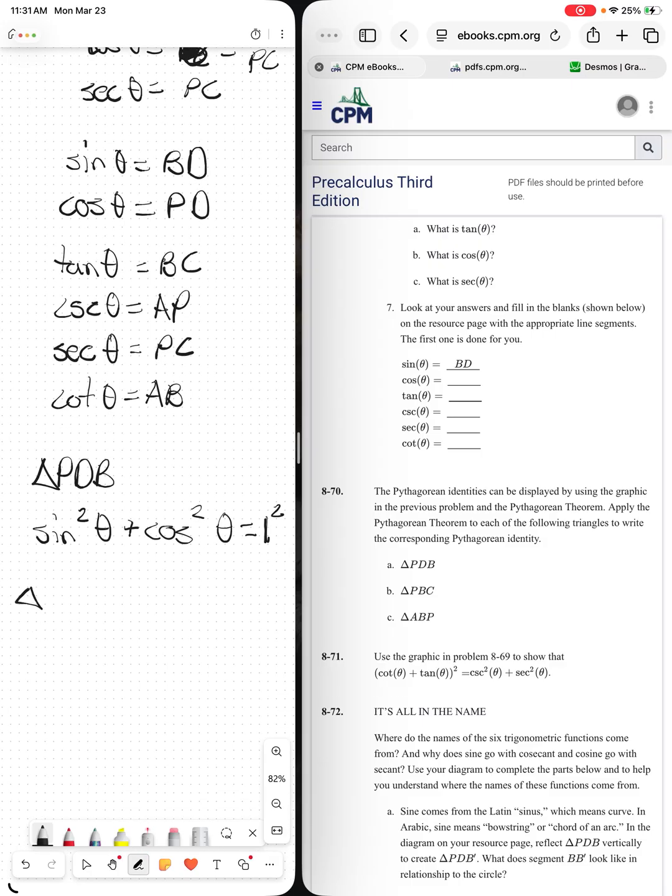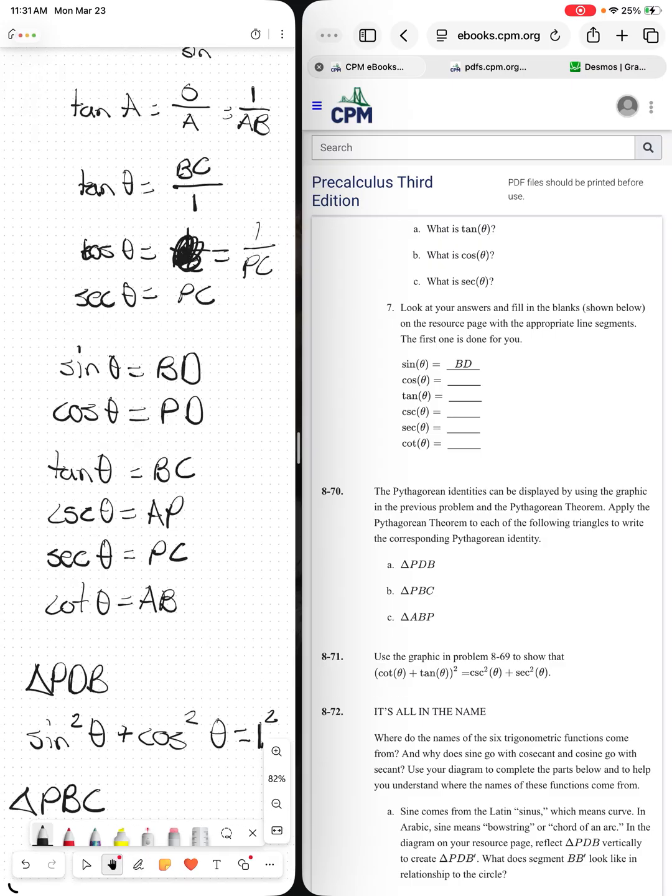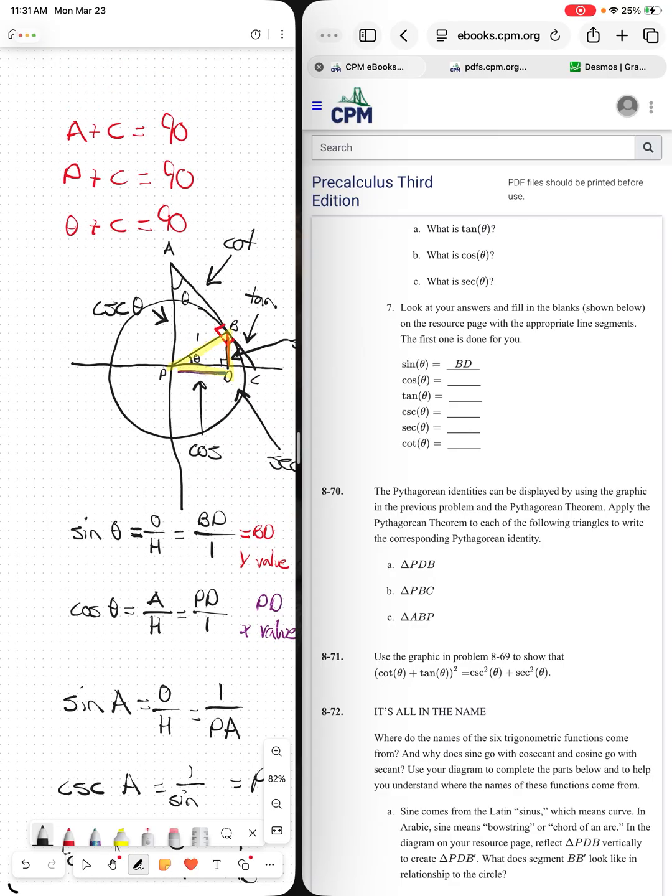Let's look at the next one, triangle PBC. So now we're looking at this one. That would be tangent squared plus 1 squared equals secant squared.